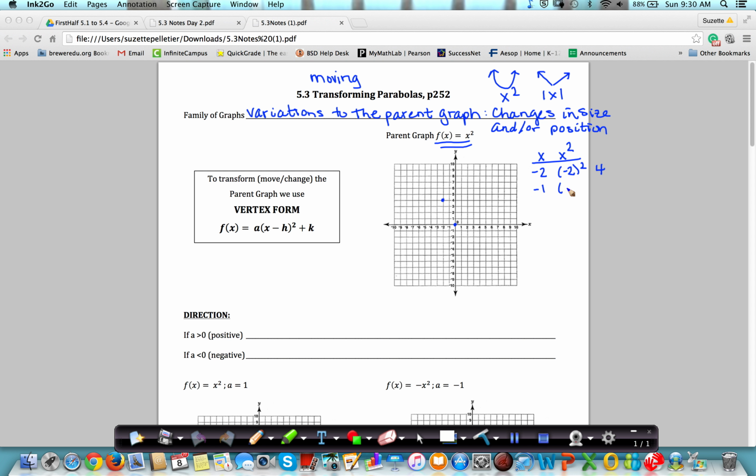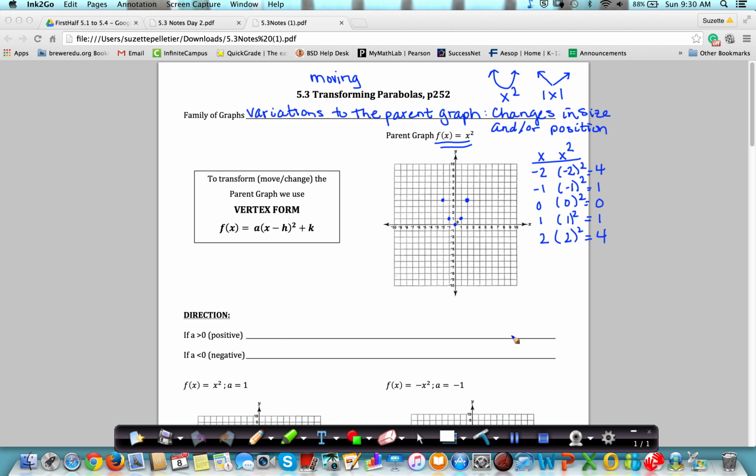At -1, if I squared -1, I would get +1. 0 squared is 0. 1 squared is 1. You can see we're mirroring our graph. Okay, so at 2, we're up at 4. So this is our parent graph, normal shape.